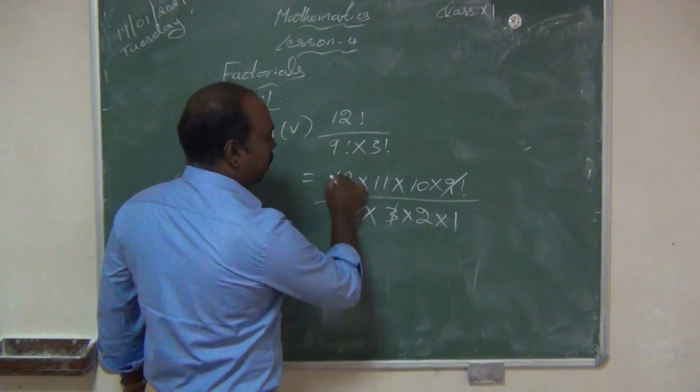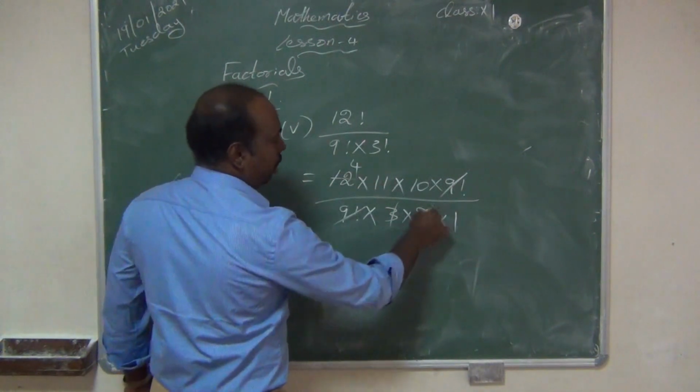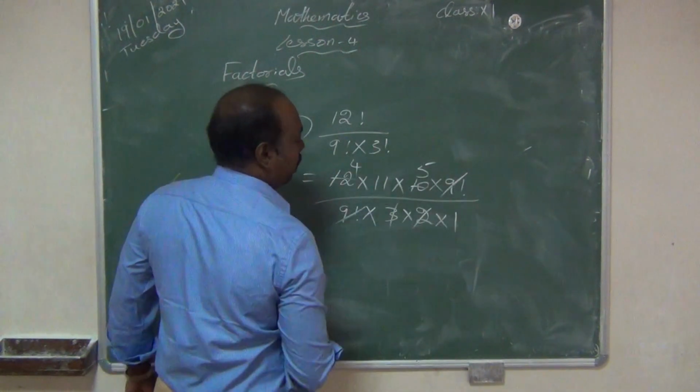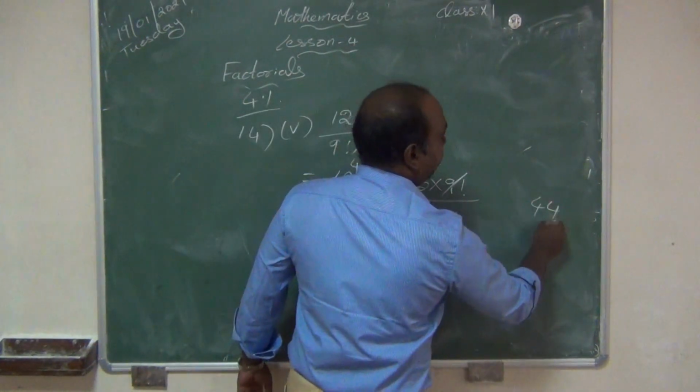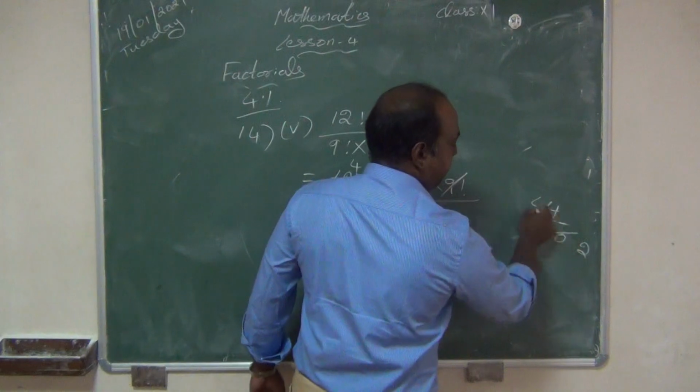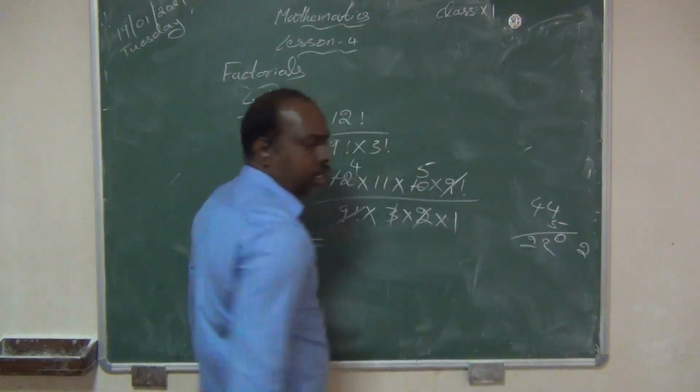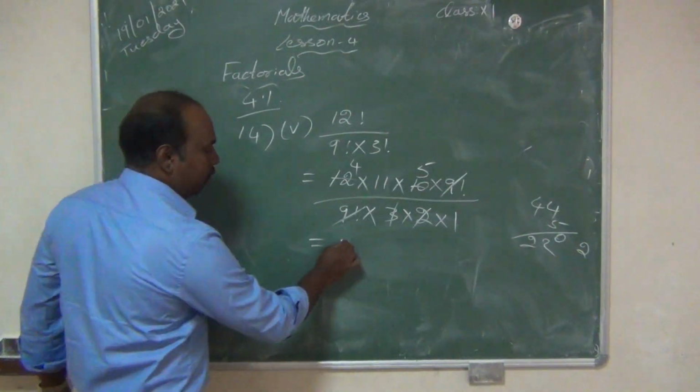Here 3 how many times? 4 times. So 2 five times. That is equal to 44 into 5. The answer is 220.